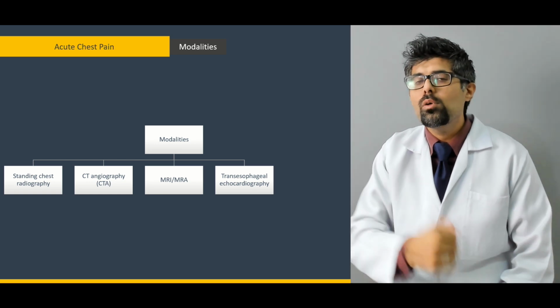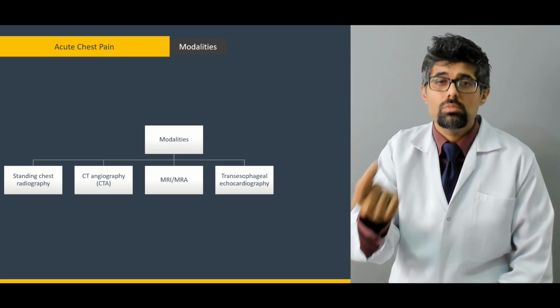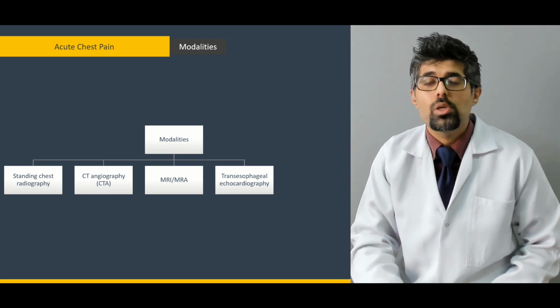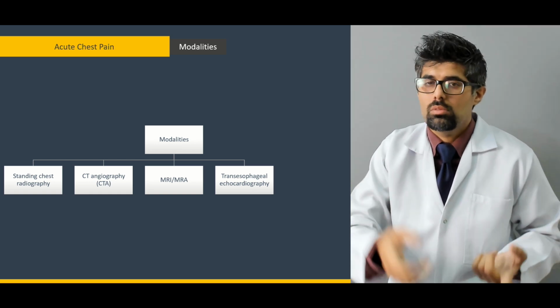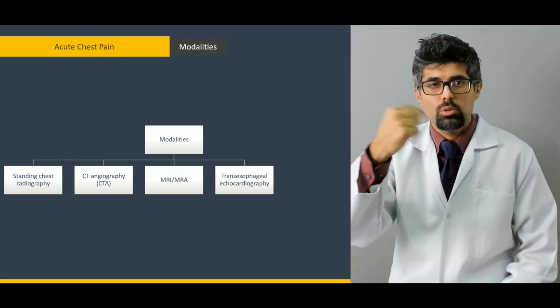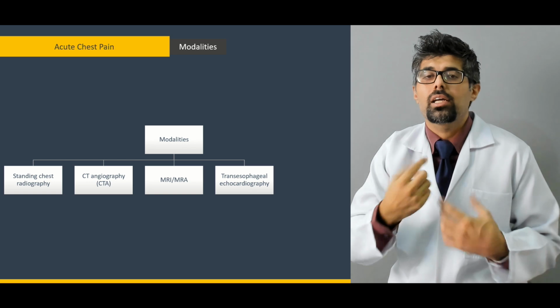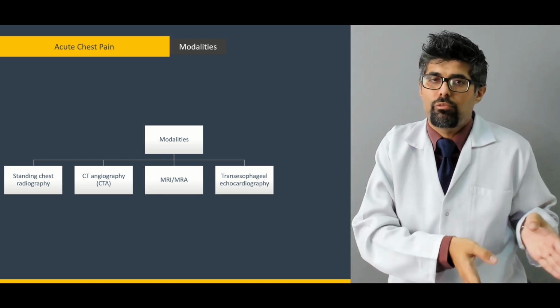But there are few instances where we can perform echo through the esophagus, where the piezoelectric crystal or the probe is sent downwards through the esophagus like an endoscope, and then the echocardiography is performed.